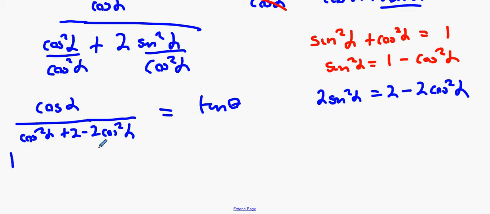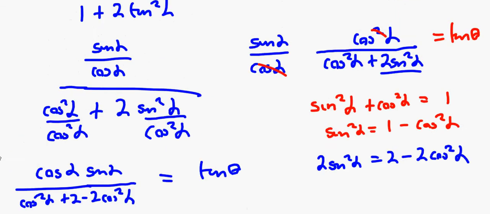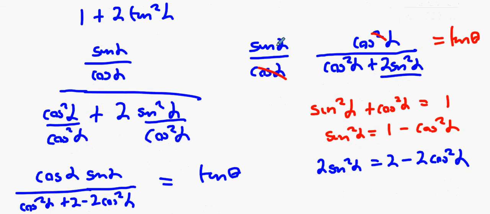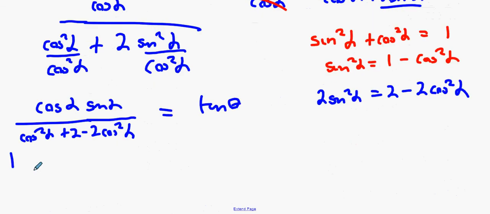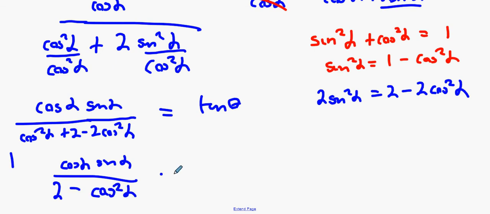And sorry, I forgot my sine alpha on top as well, didn't I? Oh, the sine alpha was here. So the two of them are combined together. So the answer is cos alpha sine alpha over 2 take away cos squared alpha equals tan theta. And you're done.